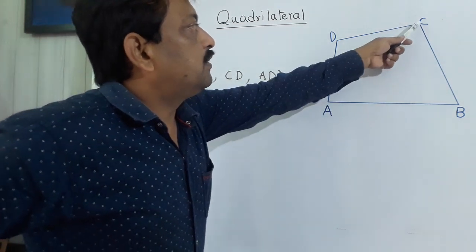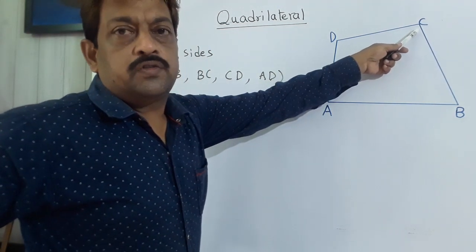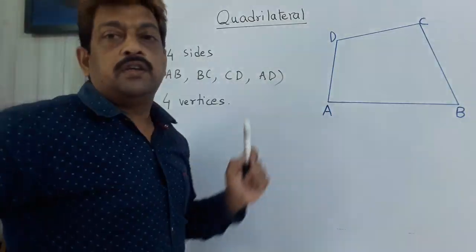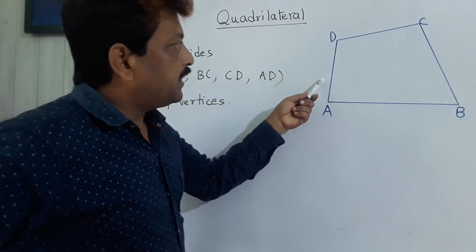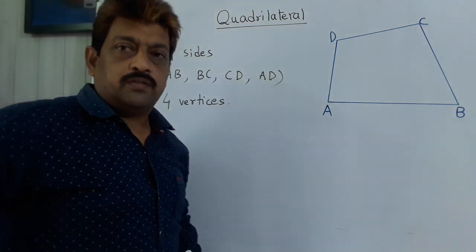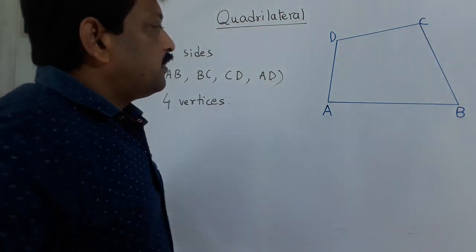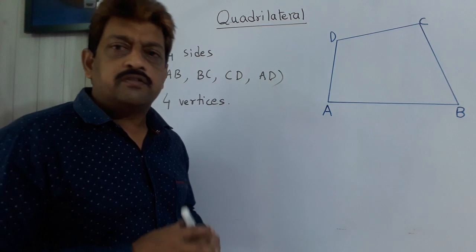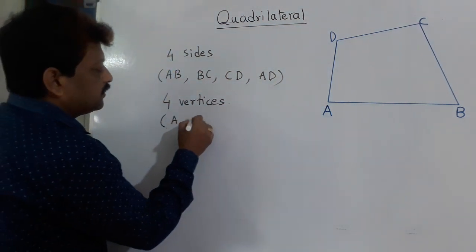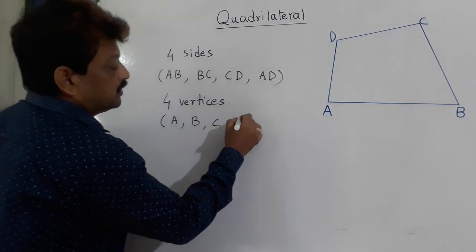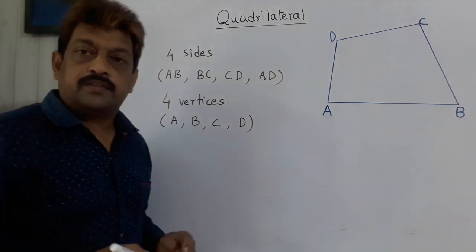BC and CD are meeting at C, so C is a vertex. Similarly, D is also a vertex because it is formed when CD and AD meet at D. Together they are known as vertices. So A, B, C, D are all vertices.